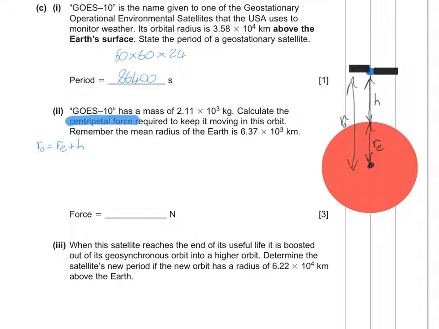Now in the case of this one we know the angular rotation period, so we're better to work with omega. And omega can be worked out because the thing goes the whole way round, which is 2 pi radians in a time of its period, big T. So you can write omega as 2 pi over big T.